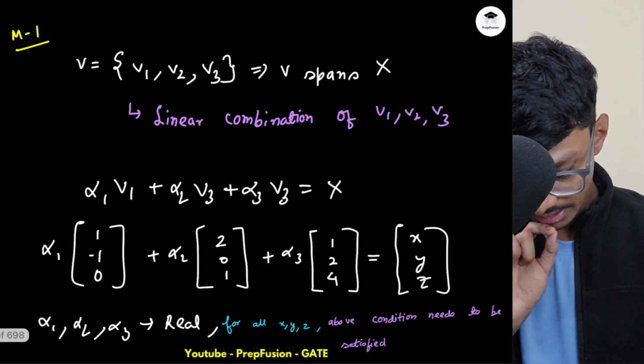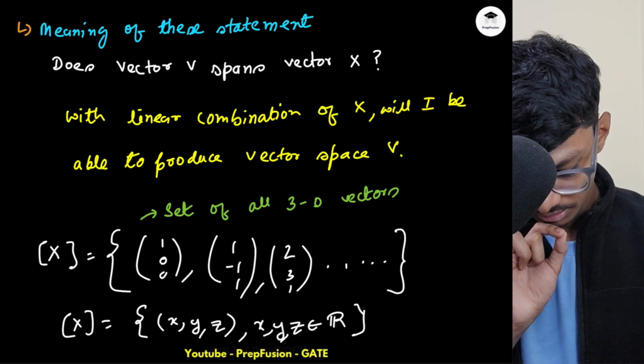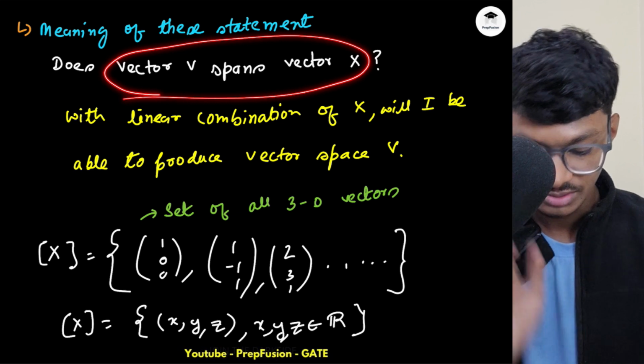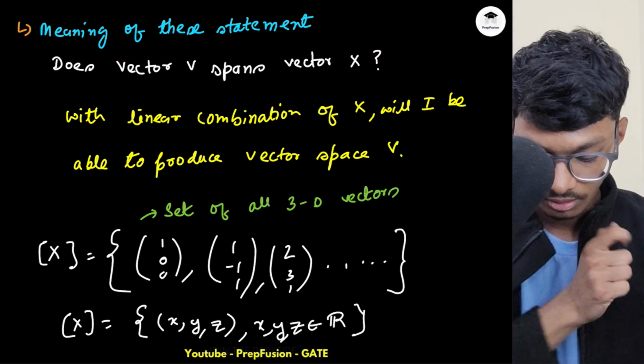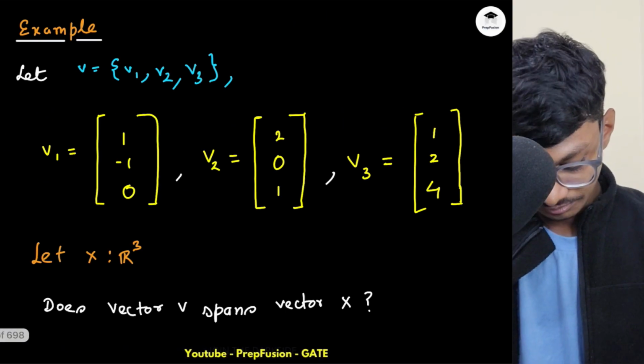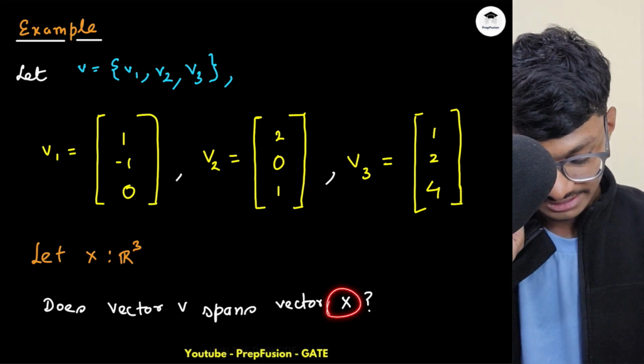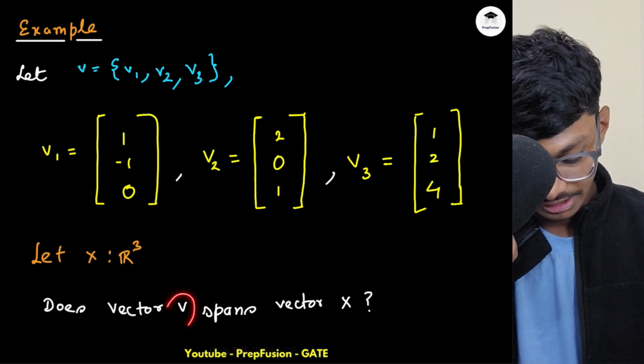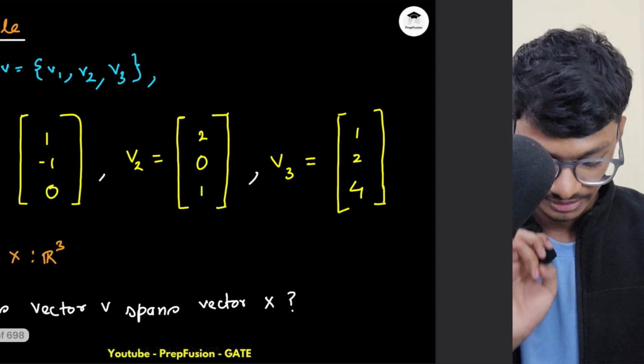That means this statement is correct: vector V spans x, or basically our x is the linear span of V.